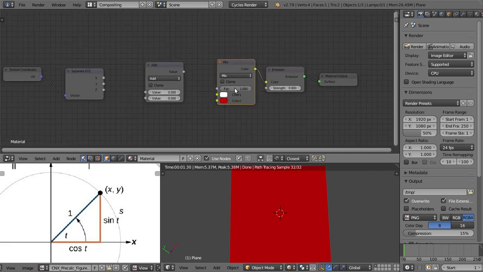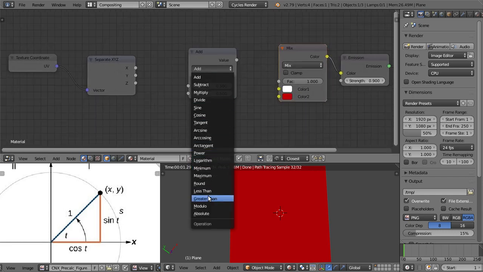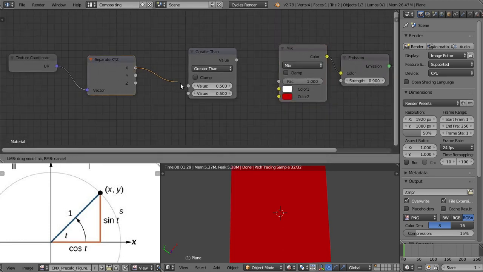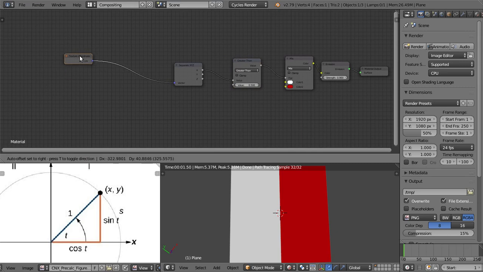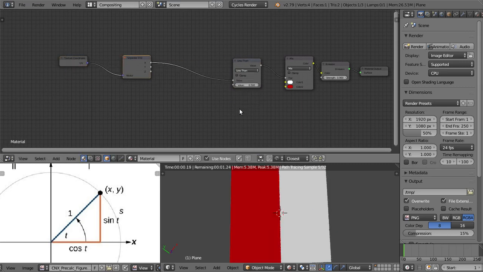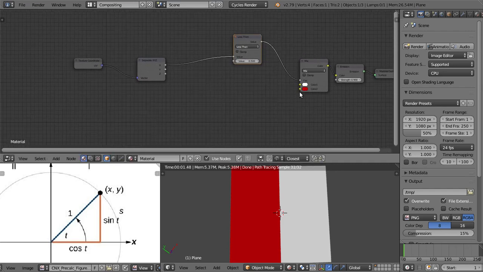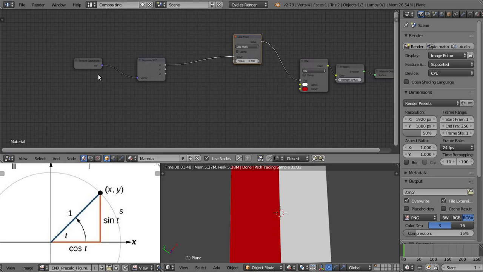Sure, that'll be visibly strong for the 1 output. And we'll start again with the greater than, less than, like we did before. Greater than. So if x is greater than 0.5, then it will be red. Or you could do it less than. Yeah, let's do less than starting out with. So x is less than 0.5, it will be red.